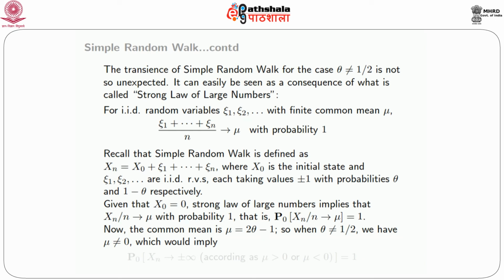So when theta is not half, we have mu not equal to 0, which would mean that Xn over n converges with probability 1 to a non-zero constant, and now depending on whether it's a positive constant or a negative constant, you can conclude that Xn would go to plus infinity or minus infinity with probability 1. That depends of course on whether mu is positive or negative.